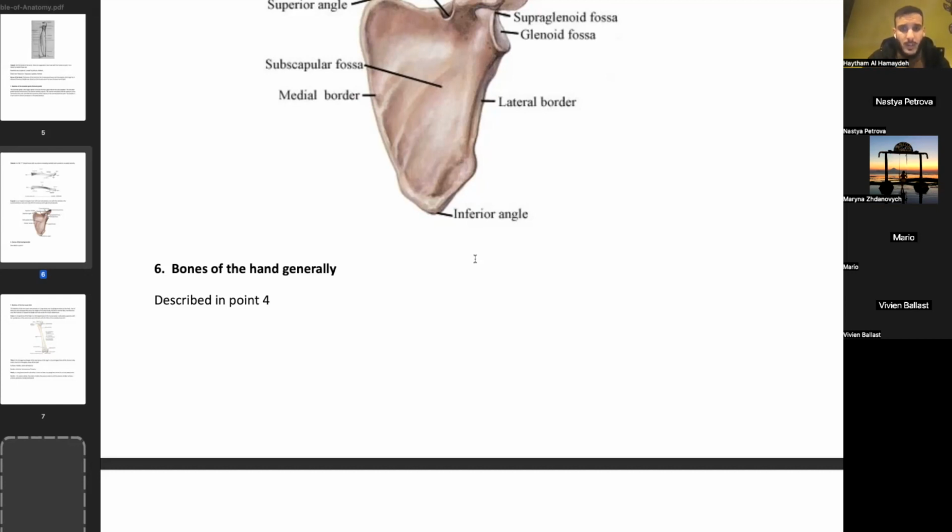It connects the axial skeleton to the lower limbs.